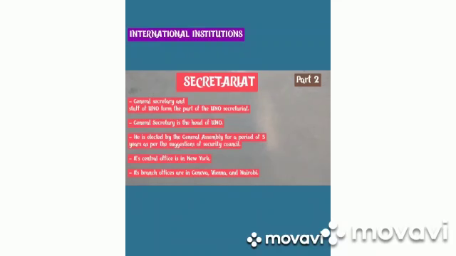The central office of the Secretariat is in New York and the branch offices are in Geneva, Vienna and Nairobi. The day-to-day administration of the UNO and the institutional functions are run by the Secretariat.